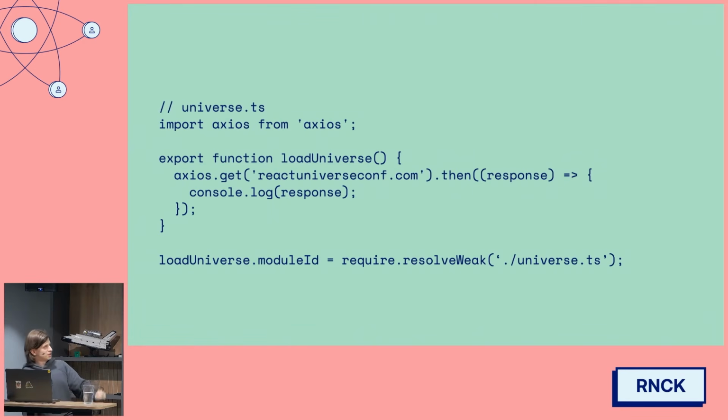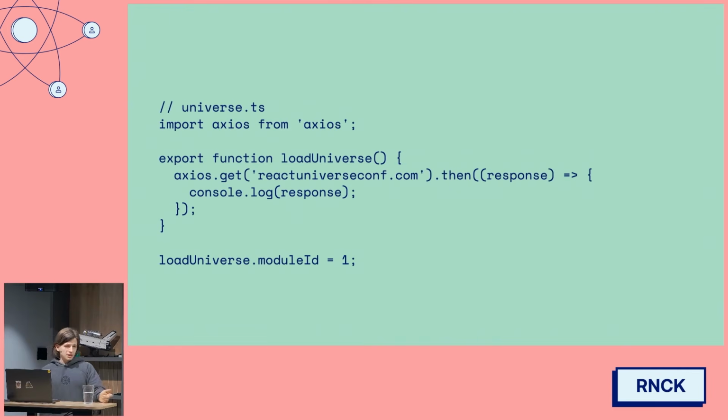It looks a bit silly because this is the universe file, but this is how you have to do it. And require.resolveWeak is a function exposed by Metro, which lets you get the module ID. So with all of this, we effectively get load_universe.moduleID equals 1.